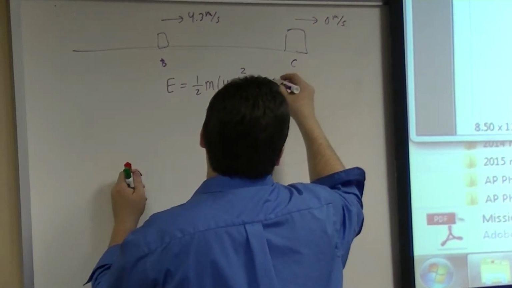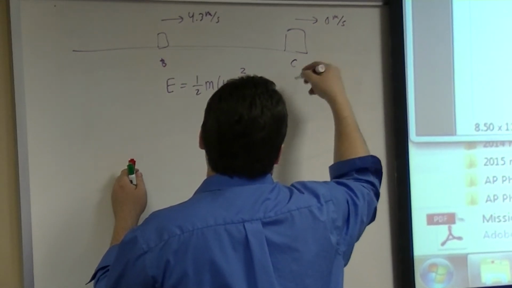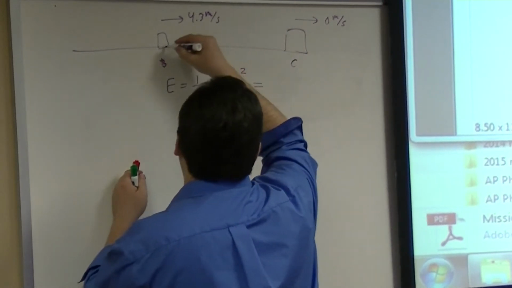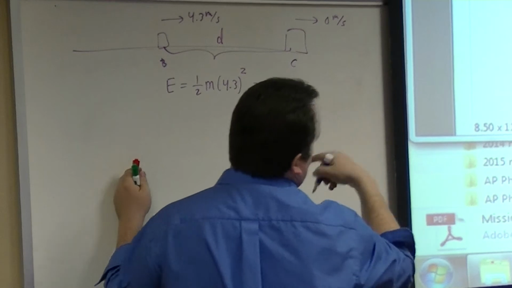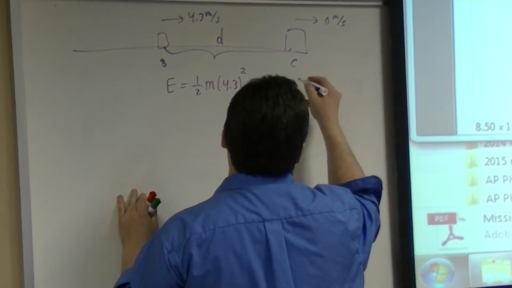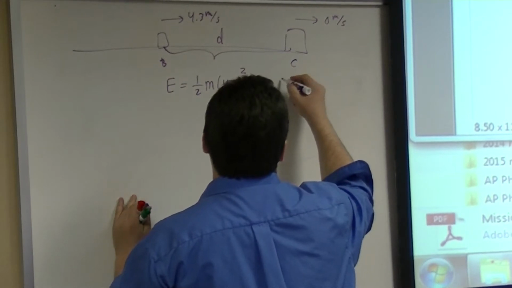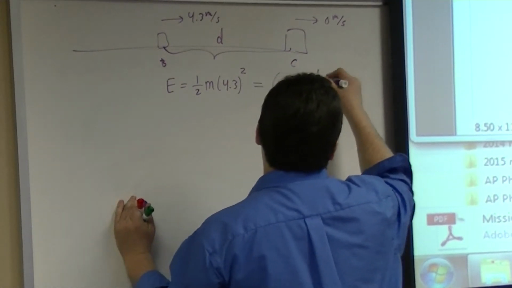And that is going to be equal to the energy lost, whatever the distance was. That's given, right? 3.3. I'll write it out symbolically: it is equal to the force of friction, which is mu m g in this case, times d.